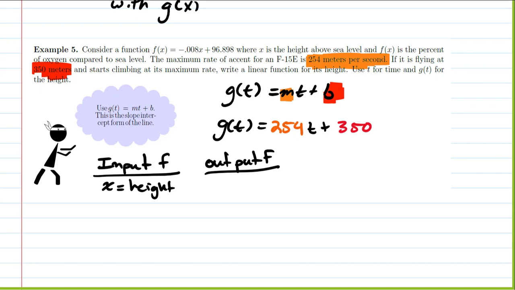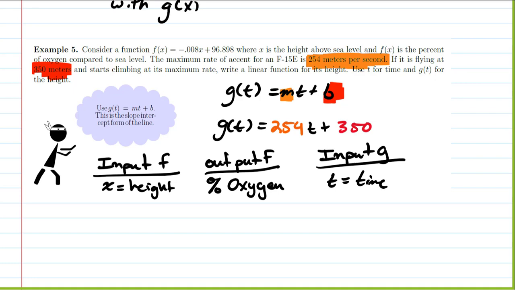So f of x, what does it give us as an output? It gives us the percent oxygen. And now we have another function g. What is it that we're inputting into g? Well, we used t for that variable, and the input for g is time, and its corresponding output is going to be a height.